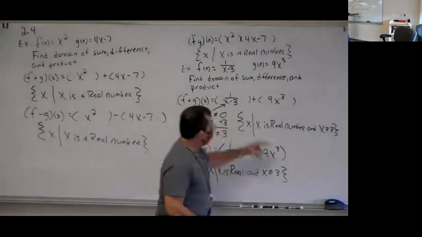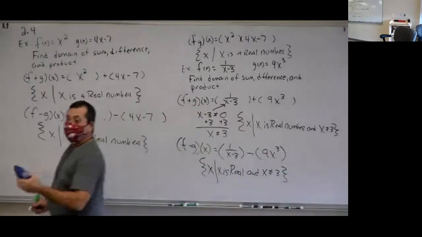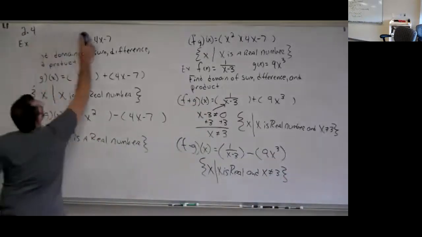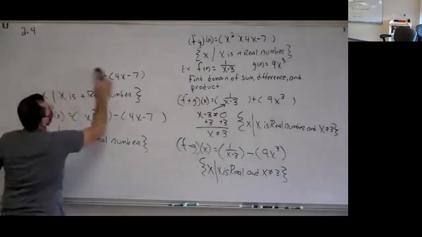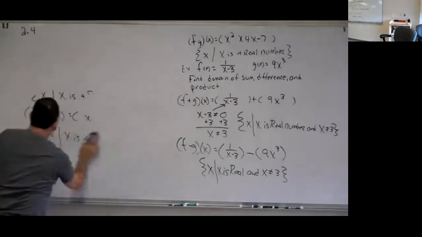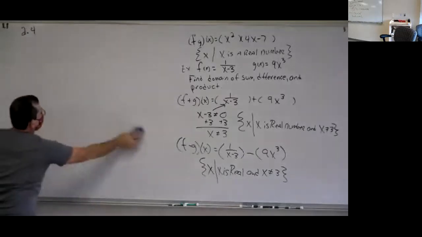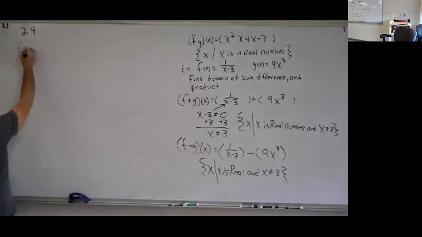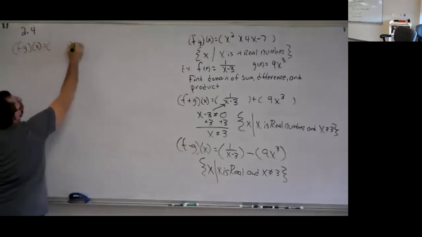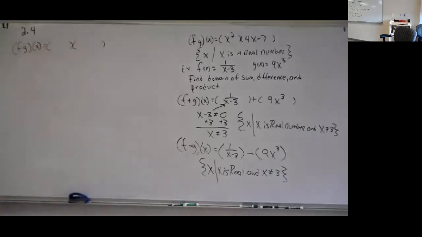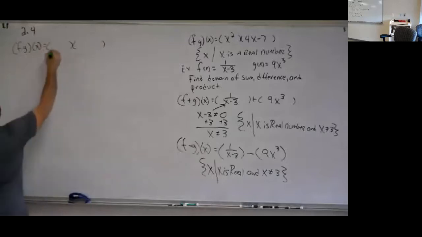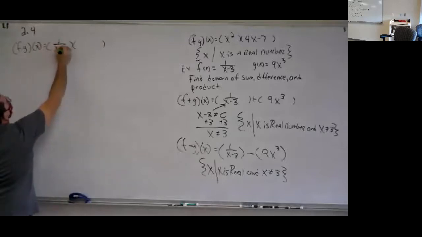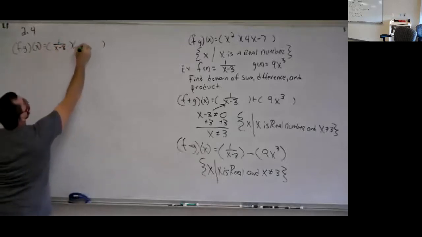All right, so we got the sum, the difference, and now we're going to do the product. So that'd be F times G of X equal to F times the G. So I got 1 over X minus 3, and then 9X to the third.